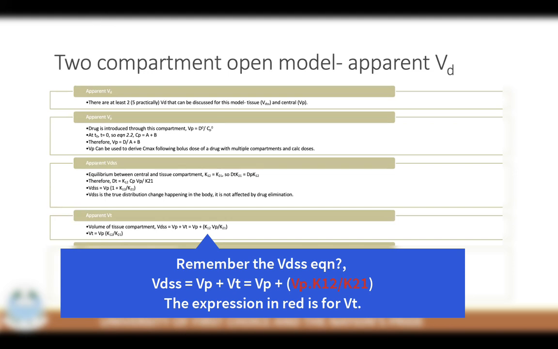That's what's happening at apparent volume of distribution at steady state. It's a sum of both volume of plasma and volume of tissue.